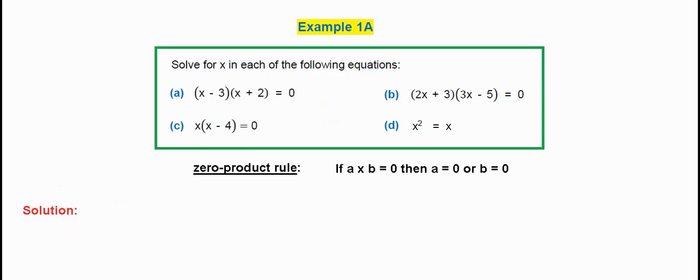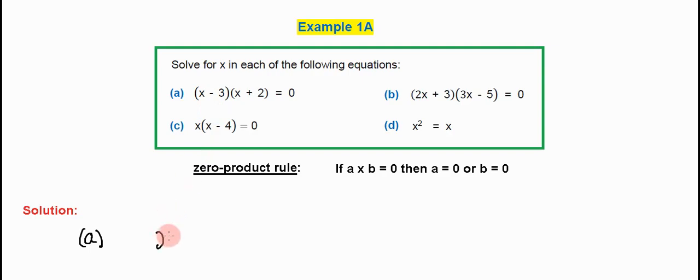So let's have a look at a. In a we have x minus 3 times x plus 2 is 0. Here x minus 3 will represent a in the zero product rule, and x plus 2 will represent b in the zero product rule. Then applying this rule, we can say that a is equal to 0.